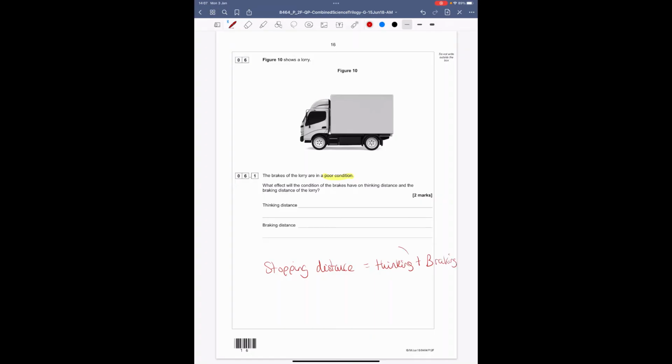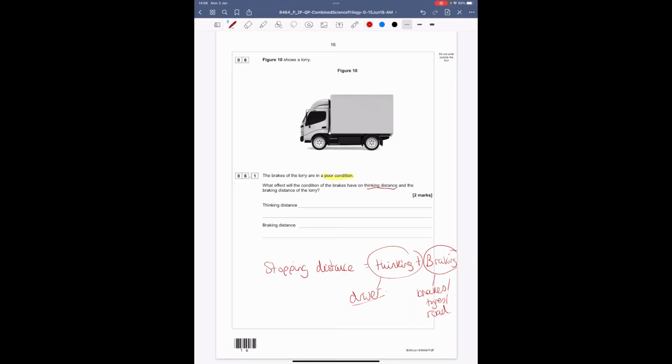Now the thinking distance is all to do with the actual driver and his reaction speed. It's the time it takes for him to see the hazard and actually apply the brakes, whereas the braking distance is about the condition of the brakes and the tyres and the road surface. So what effect would the condition of the brakes have on the thinking distance?